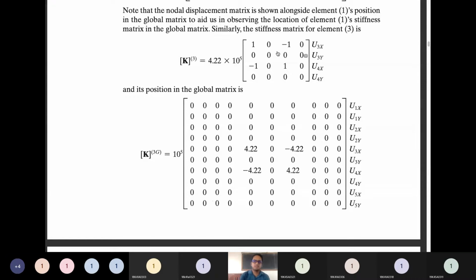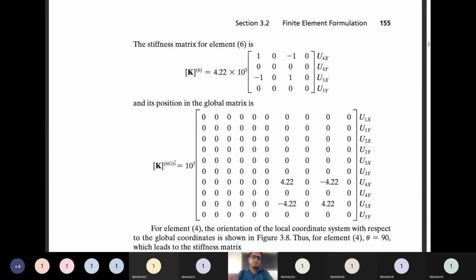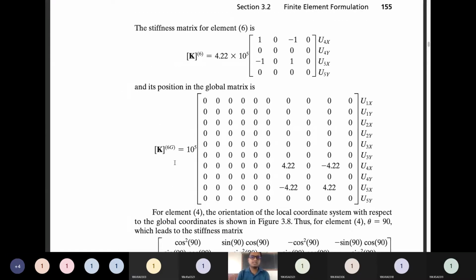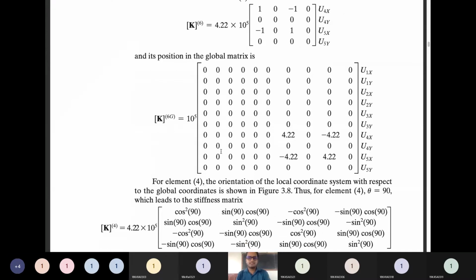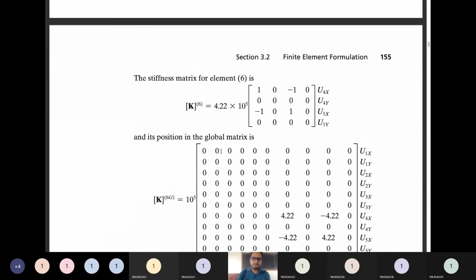That same matrix you have to keep over here. And 10 raised to the power 5 we have taken common outside. So this is how you can write your individual stiffness matrix, and then you can put that into your global stiffness matrix. This is for element number 1, 3 and 6. Their values are the same. That's why we have written like this.